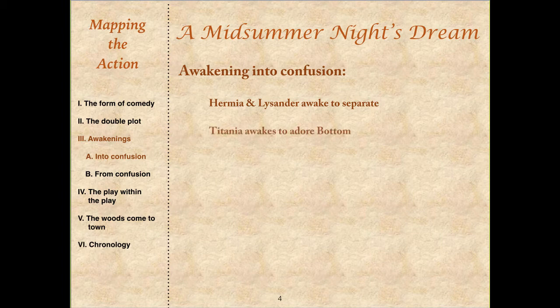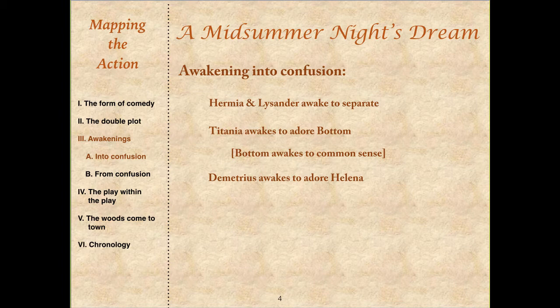The second awakening in this series belongs to Titania, as she awakens into a dreamlike state of infatuation with the transformed Bottom. In this odd moment, Titania is paralleled to Lysander, both under the influence of love potion number 9, while Helena, like Bottom, awakens to find herself the perplexed object of a sudden and inexplicable affection.